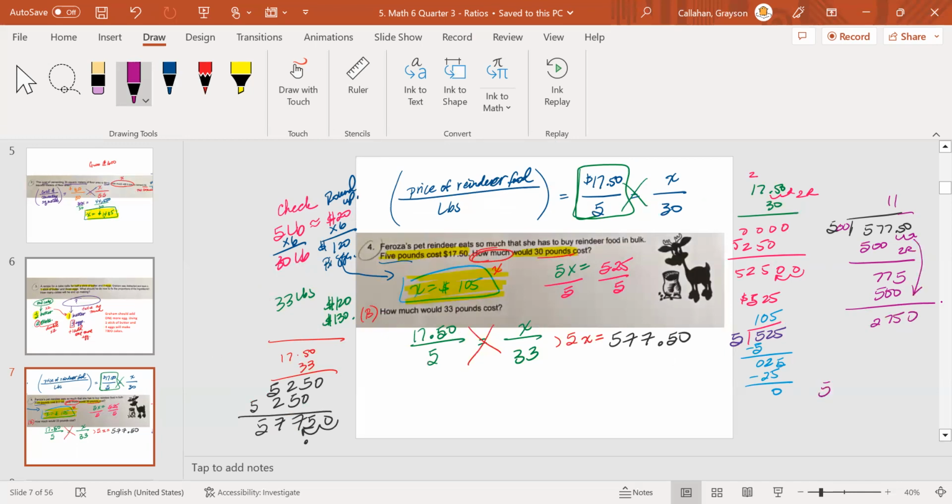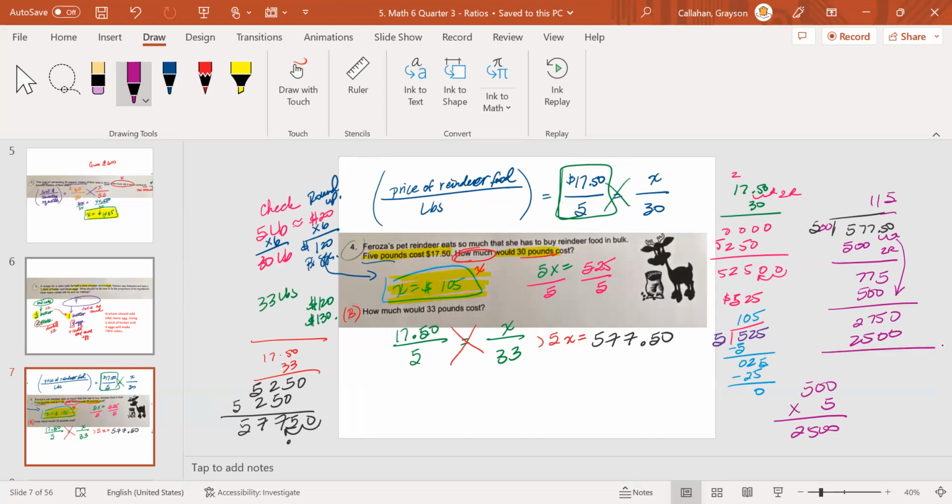So then you want to ask yourself, 500 times what is close to 2750? And it's probably 5, right? Which then gives you 250. If I put a dot right there and put another 0 right there, then you put a 5, which gives you 2,500 exactly, and you get a 0.